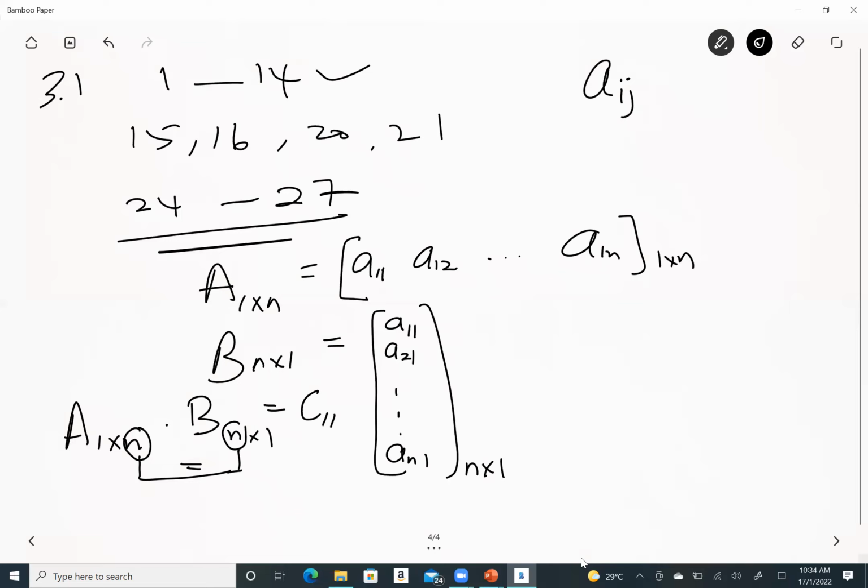So the corresponding matrix, all right, would be consisting of what? The size should be what? Should be the number of rows of A, and the columns is the number of columns of B. Okay, so if you have a row matrix multiplied to a column matrix, then your product matrix will be C11.